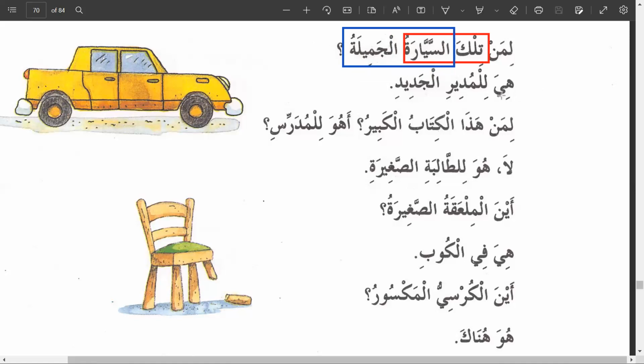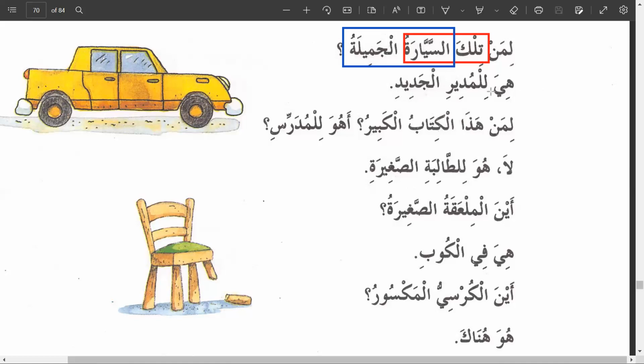Now here, lil mudir al jadidi. Why is mudir in jar status? Because it's mawsoof with al jadidi, and al jadidi is jar.